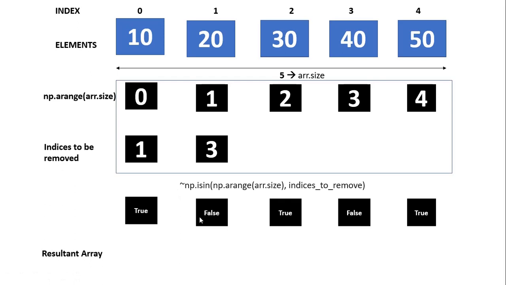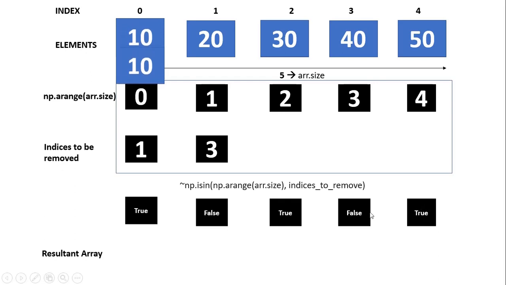And to return the resultant array, we simply have to pass this Boolean mask to the given array, such that only those values for which the Boolean value is true will be returned. So that means the Boolean value is true for the index 0, then it is true for the index 2, and finally it is true for the index 4.